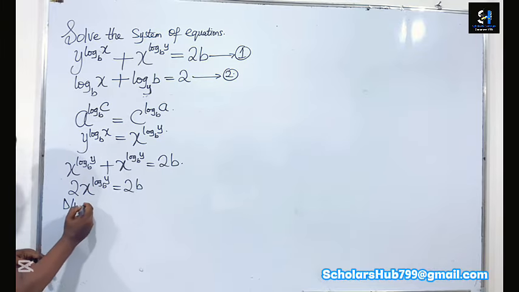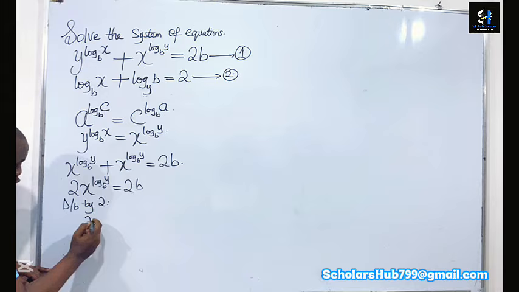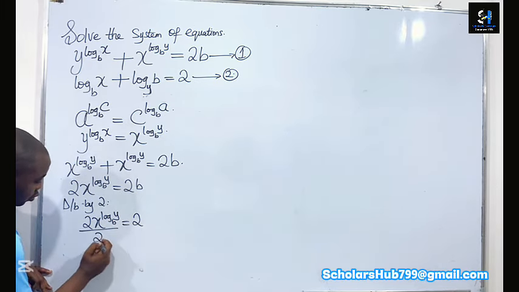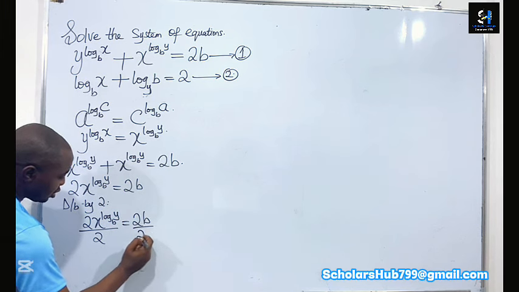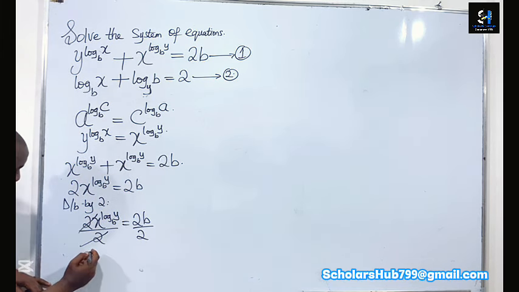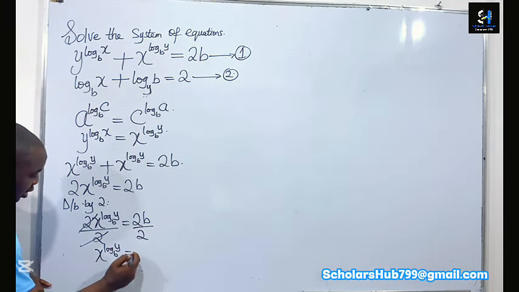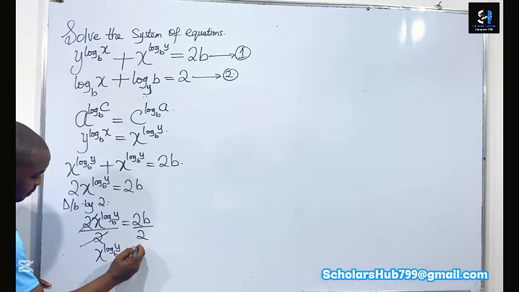Now we can divide both sides by 2, so that x raised to the power of log base b of y equals 2b divided by 2. So in this case, this will be x raised to the power of log base b of y equals b.